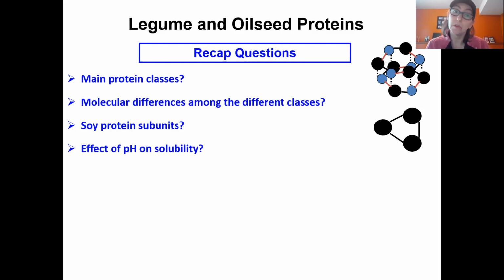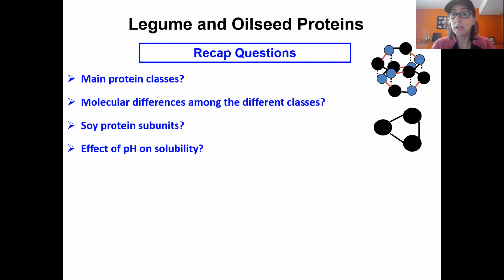We have to remember that the S is related to the sedimentation coefficient, which is correlated with the molecular size of these fractions. The larger the molecular size, the higher the velocity at which they sediment at a particular gravitational force. So 11S is larger than 7S, larger in terms of molecular weight and size.